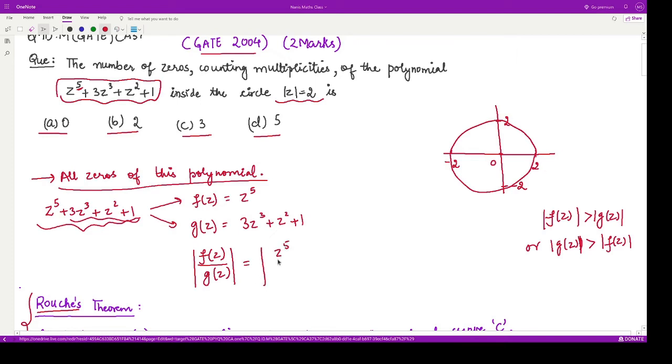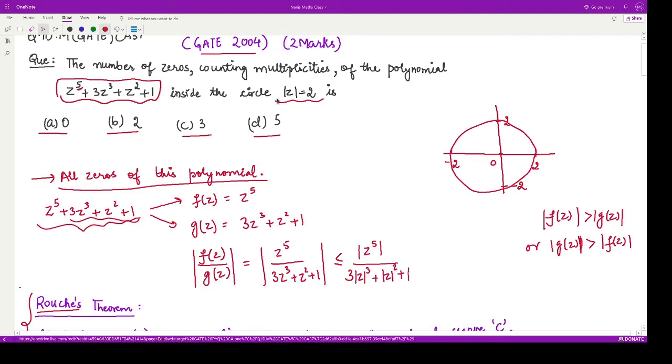So it would be z raised to power 5 and the value of g of z, that is 3z cube plus z square plus 1. Now I can use this inequality sign, and I can separate the modulus onto each term. So it would simply be 3 mod z cube plus mod z square plus 1.